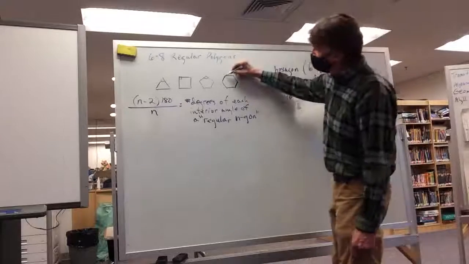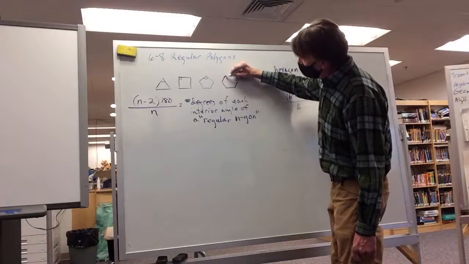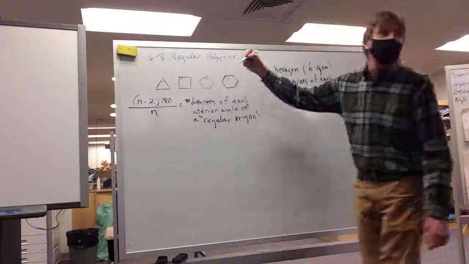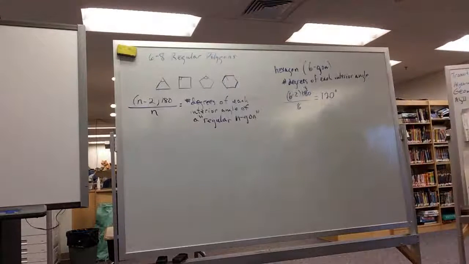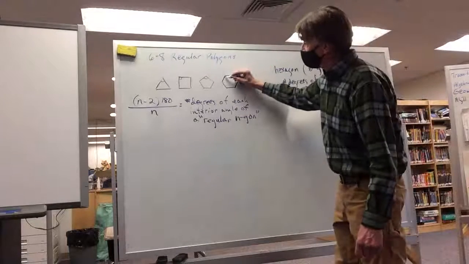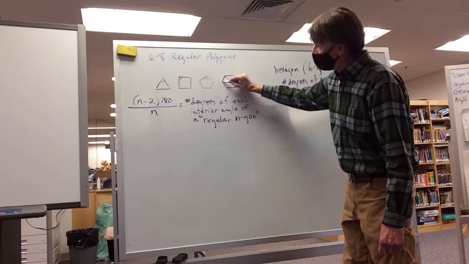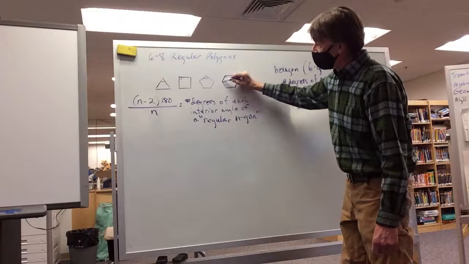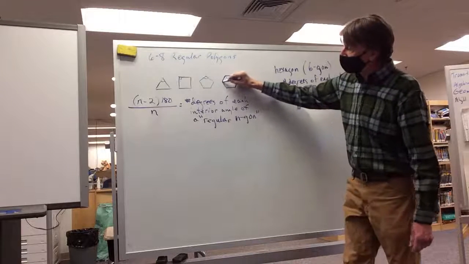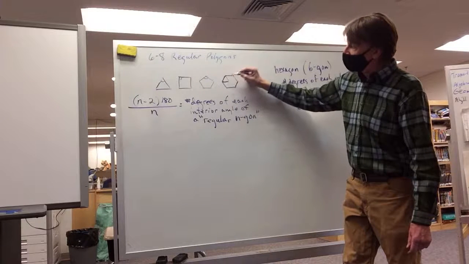Okay, so the bisector of that angle is going to create two angles of how many degrees? 60. So there's a 60, there's a 60.